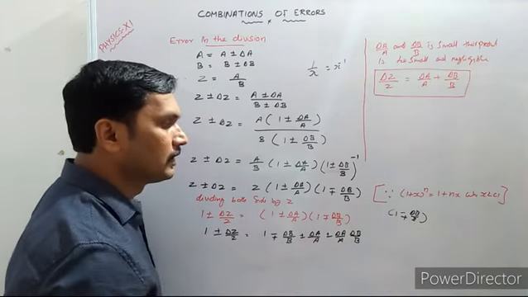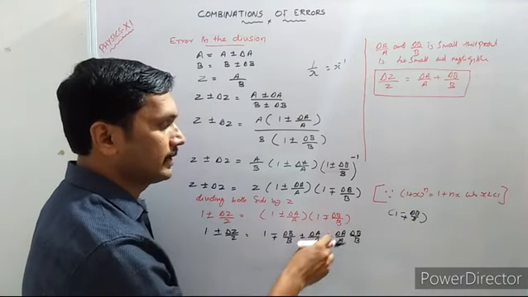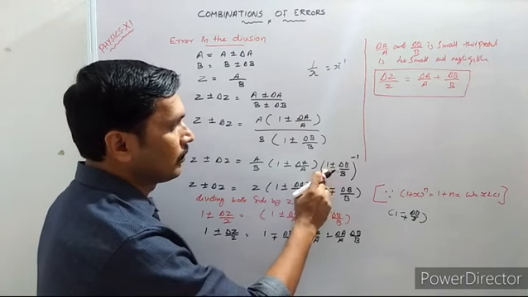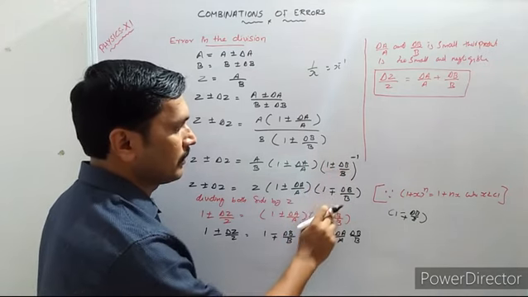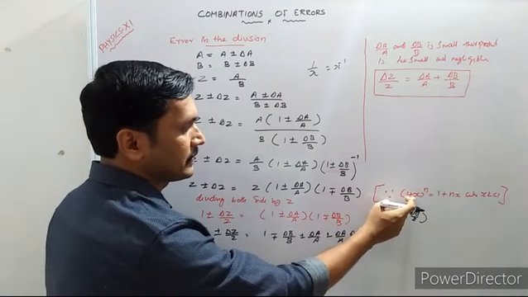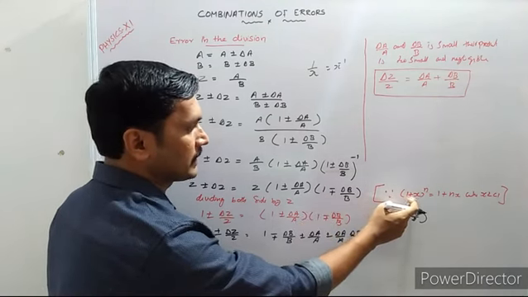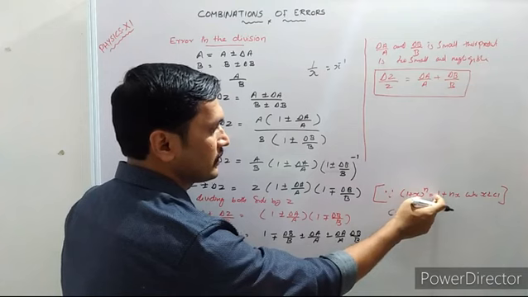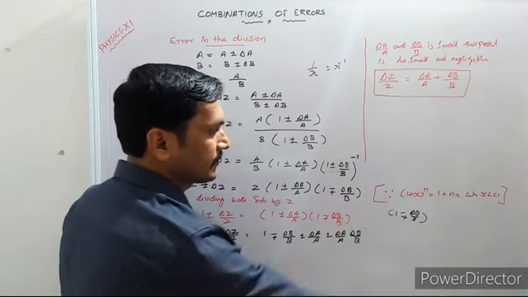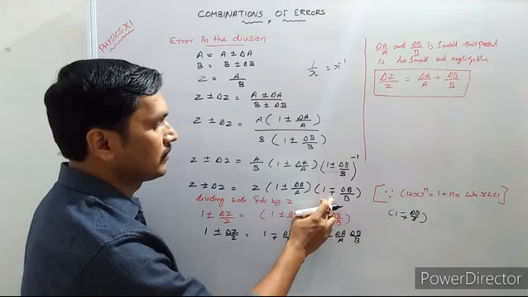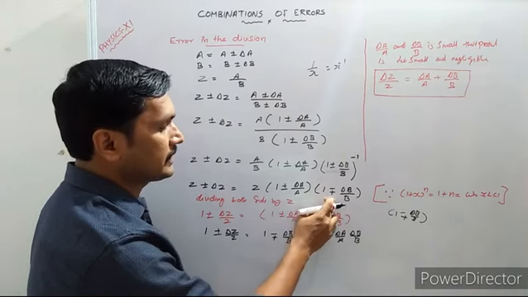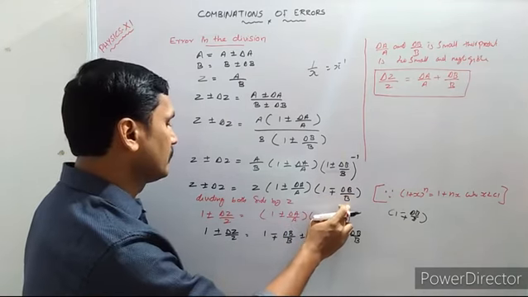The meaning is the same, no problem if you are writing plus or minus or minus or plus. So 1 plus or minus delta b by b whole raised to minus 1, by using the binomial theorem, 1 plus x whole raised to n is equal to 1 plus nx. We are using that binomial expansion, and we are getting this 1 minus or plus delta b by b.